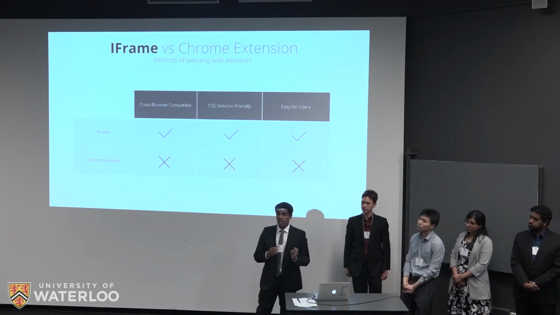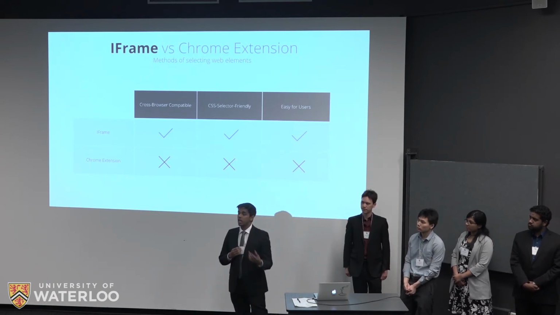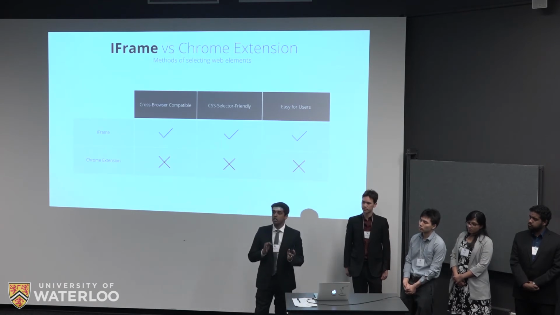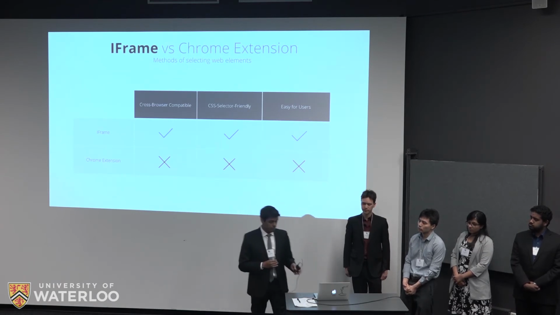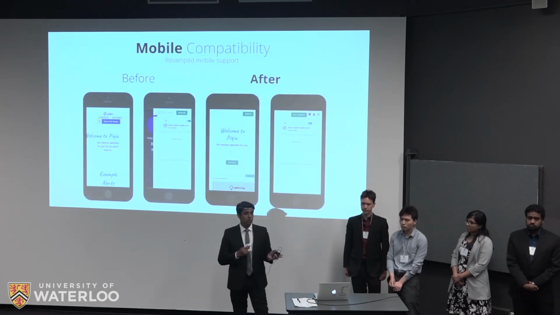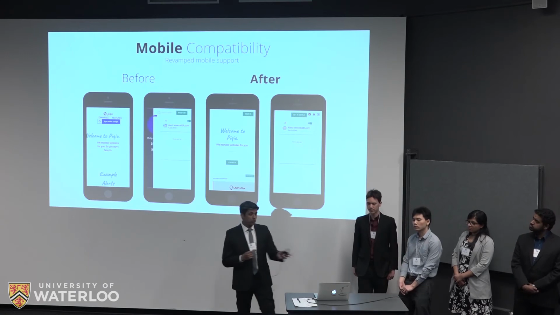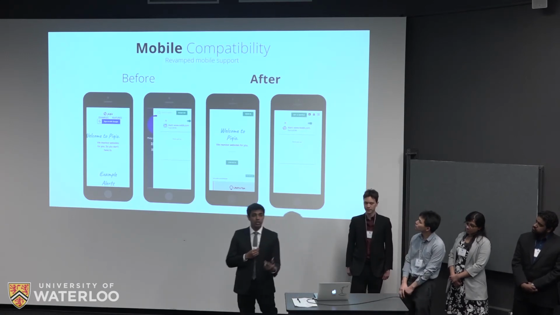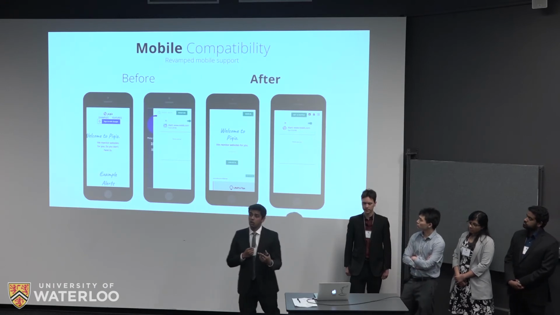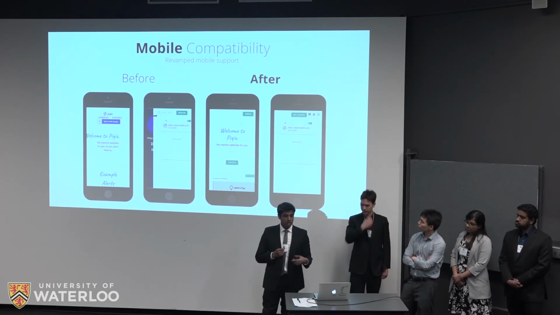The user does not have to leave and go download a Chrome extension, and all of their alert creation can be done from our website. We also increased our mobile compatibility. Initially, you can see that although we were rendering the pages, the functionality was missing, and also the rendering was very off.